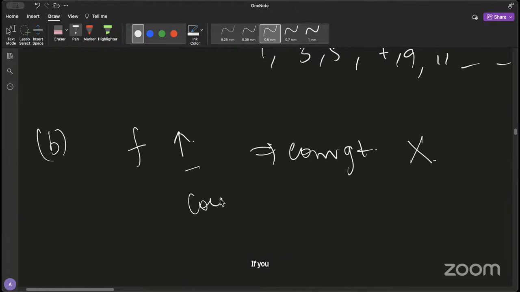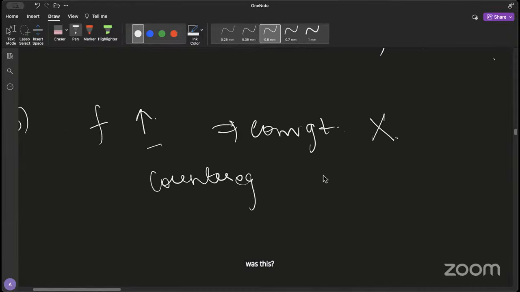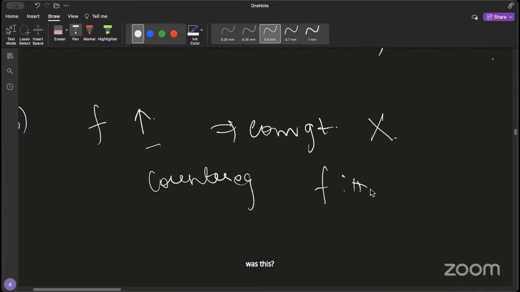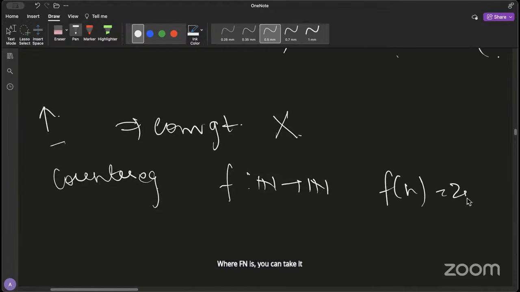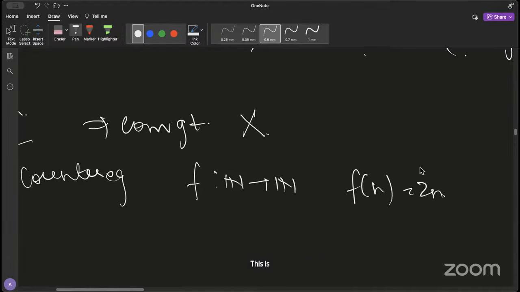If you want a counter example, the counter example was this. F from natural numbers to natural numbers, where f(n) you can take to be 2n. That's also fine. This is an increasing function, but it is not convergent.